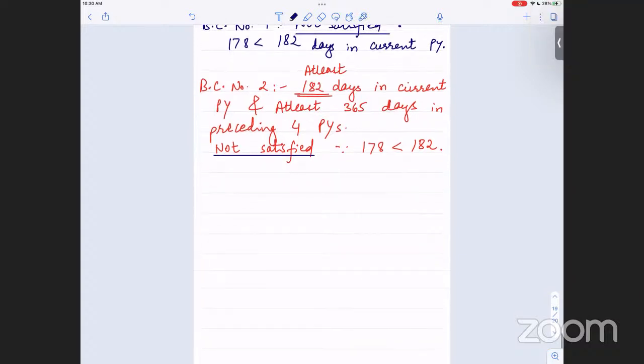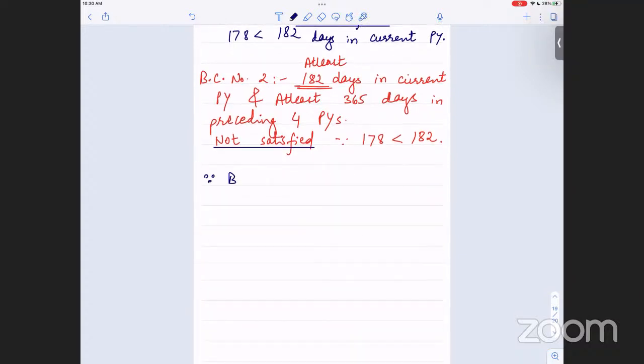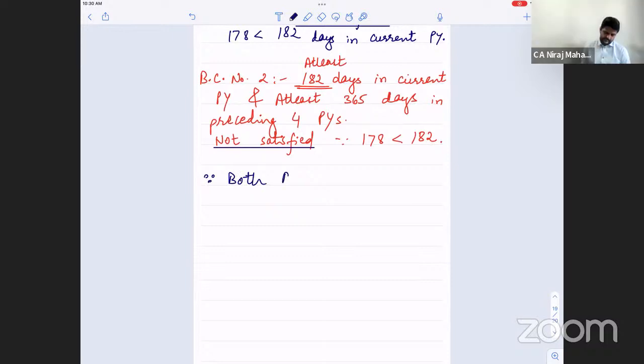Very good. NR, since both basic conditions are not satisfied.